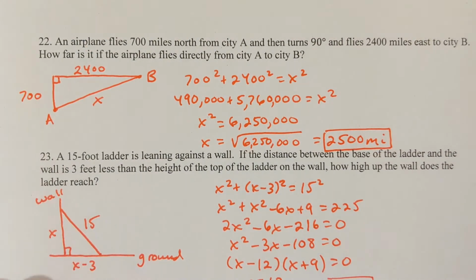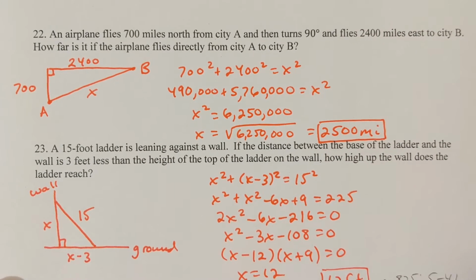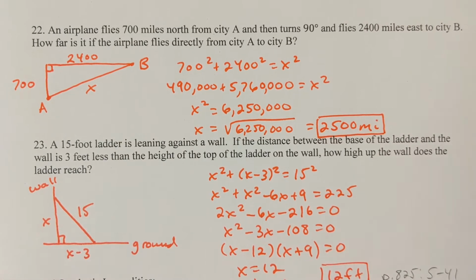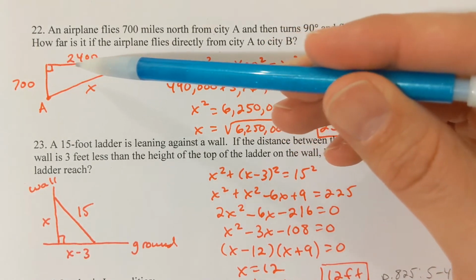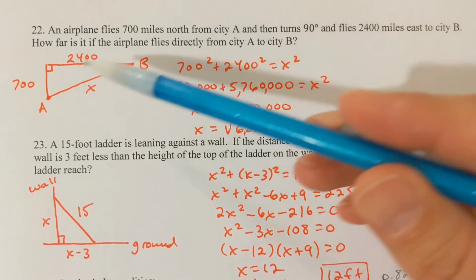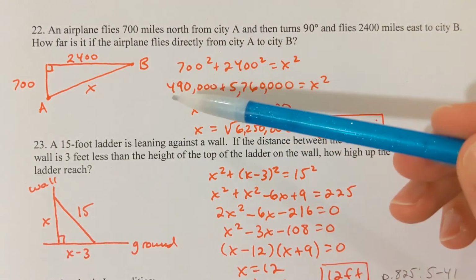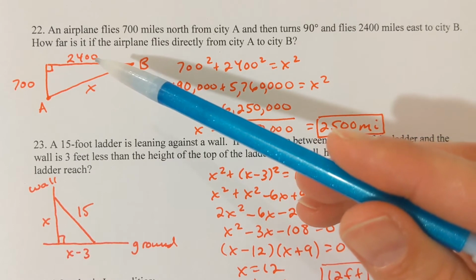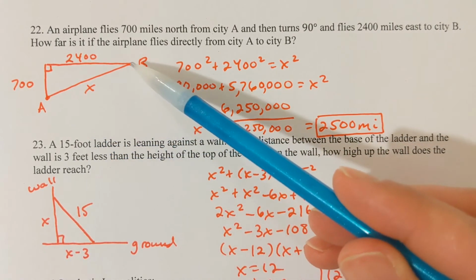Here's another one. Problem 22. An airplane flies 700 miles north from city A and then turns 90 degrees and flies 2,400 miles east to city B. I've got a picture there, flying 700 miles north and then turning to make a right angle and flying 2,400 miles east to city B. How far is it if the airplane flies directly from point A to point C?